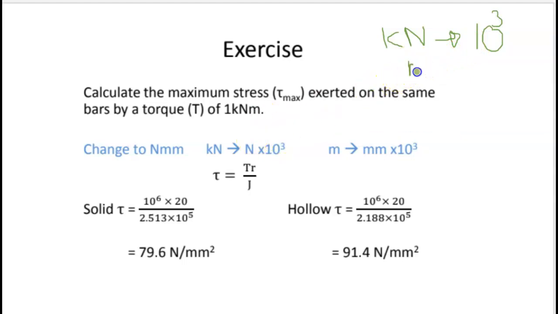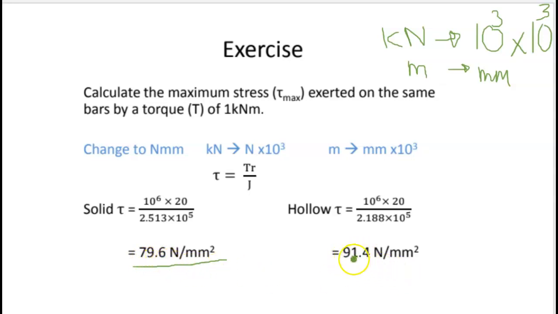Then there was the meter into millimeter, so another 10 to the 3. That makes 10 to the 6. Multiply by the radius, 20, and the J for the solid is 2.5 times 10 to the 5. That will give me an answer like that, because we got everything in millimeter. That's 79.6 megapascal. Newton per millimeter squared is megapascal. So you can write 79.6 megapascal.